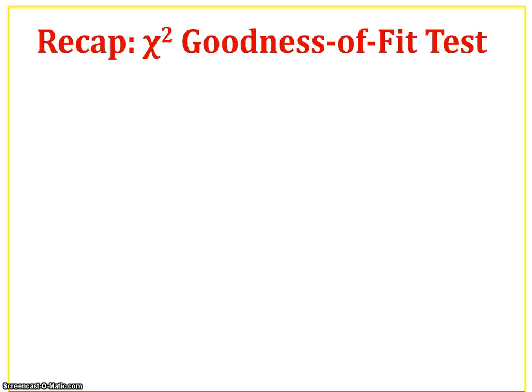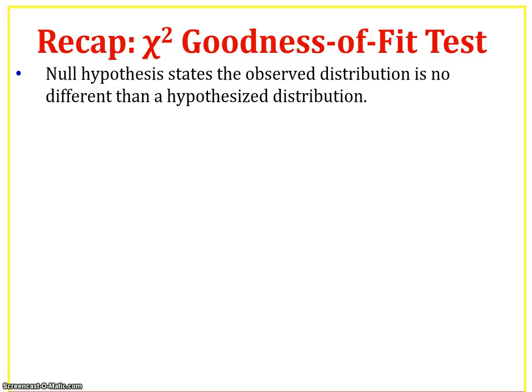Before we start, I'm going to quickly recap what we did with the chi-square goodness of fit test, which we used with one categorical variable with more than one category of interest. We stated the null hypothesis, that the observed distribution was no different than a hypothesized distribution.